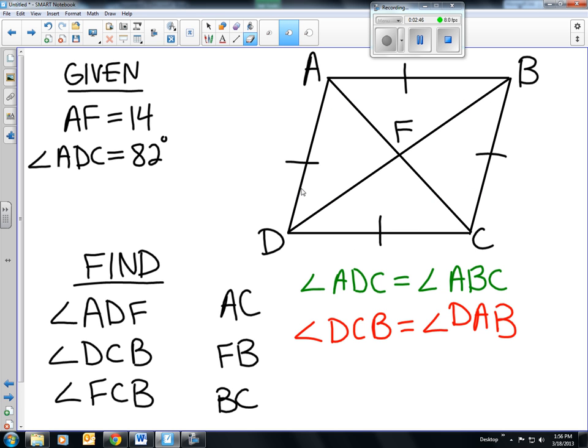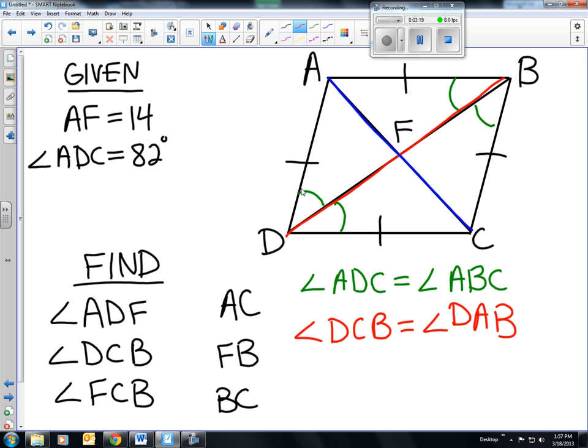So what we can really say here is that angle ADF is going to be congruent to FDC. And then angle ABF here is going to be congruent to FBC. And in fact, the four green angles there are all going to be congruent. So the diagonal DB is bisecting those angles. Then if we look at the other diagonal, which is AC, it is also going to bisect.